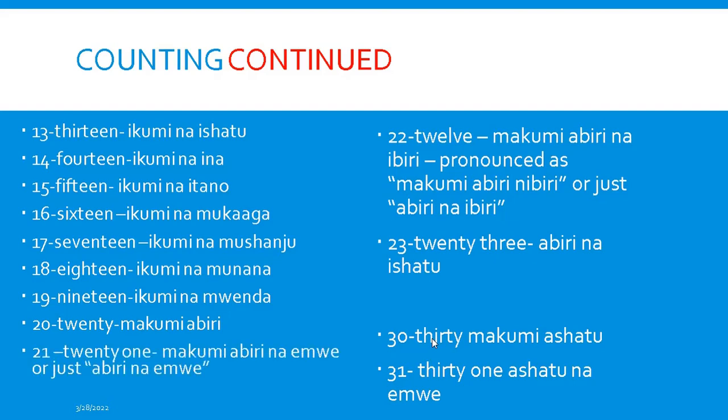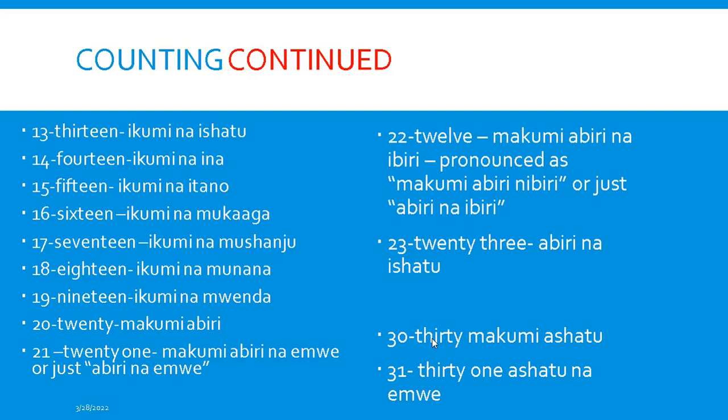21 is makumi abiri n'emwe, but in Runyankole we shorten those words. We say abiri na emwe, makumi is neglected. You got 22, makumi abiri n'ibiri, or you can say just abiri n'ibiri.